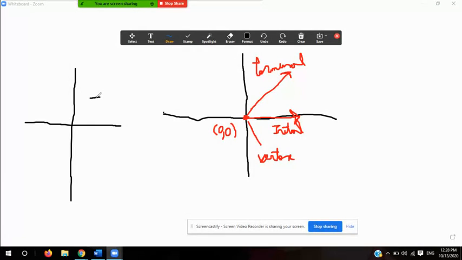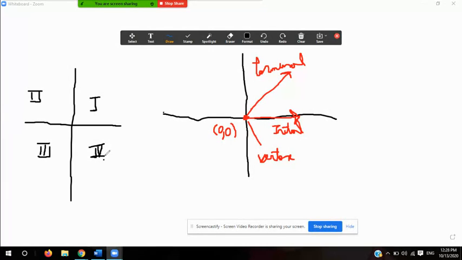Excuse me for a second, guys. So we have, pardon me for that. This is quadrant 1 right here. This is quadrant 2. This is quadrant 3. And this right here is quadrant 4. When we talk about angle rotations, the quadrants, especially when we're talking about angles in standard form, are very important to understand.